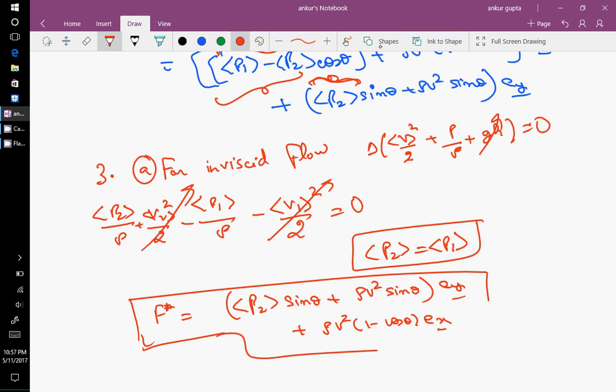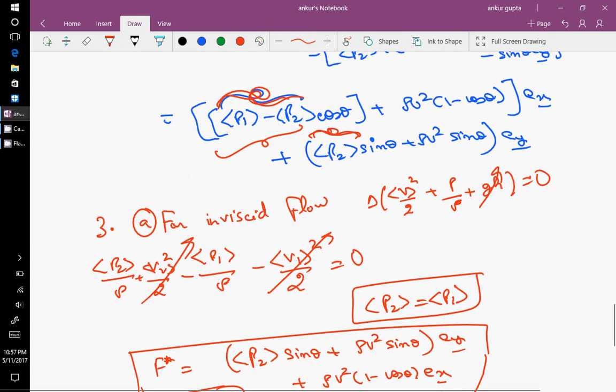Now this is extremely important. So what I'm saying is, for inviscid flows from mechanical energy balance, there is no work done, there is no viscous loss. So P2 minus P1 is basically 0, or pressures are same, there is no pressure drop. And that makes sense, because you do not need any energy to pump the liquid if the fluid is purely inviscid. There will be no viscous loss.